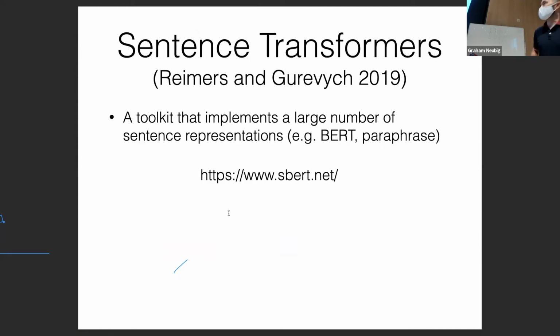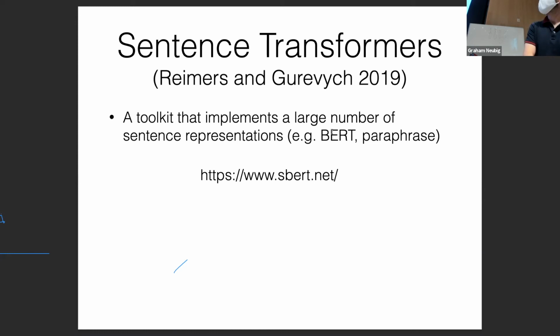So if you want to use sentence embeddings nowadays, there's a toolkit that's pretty widely used and well-maintained called Sentence BERT. Or it was called Sentence BERT. Now it's been renamed into Sentence Transformers to make it more generalizable. It contains a whole bunch of training objectives.